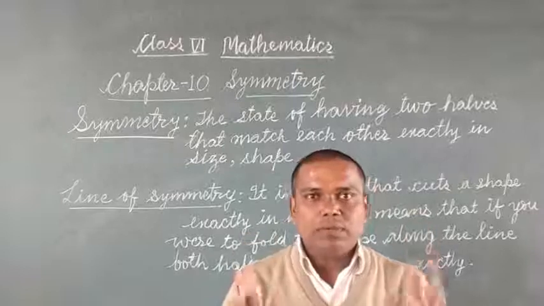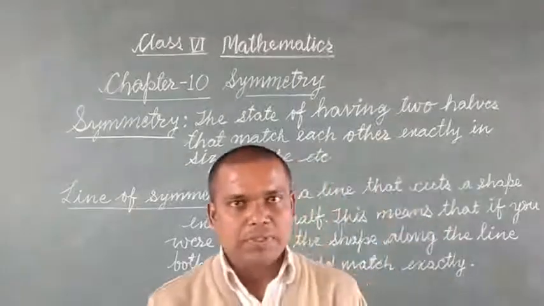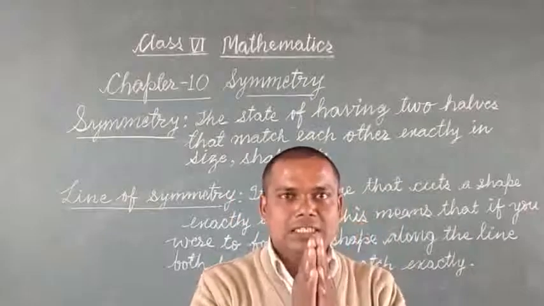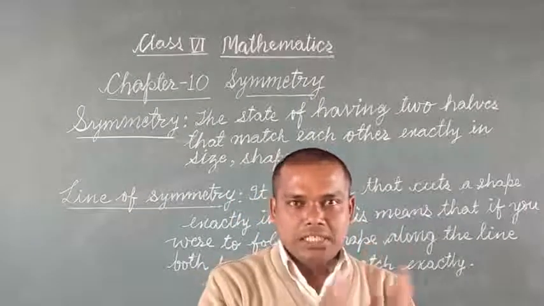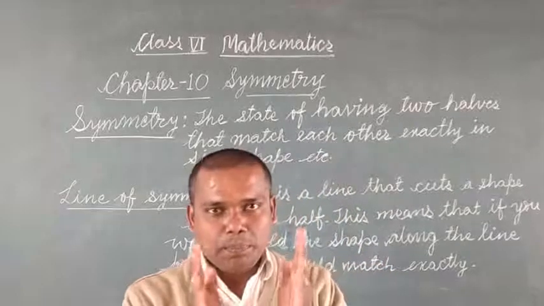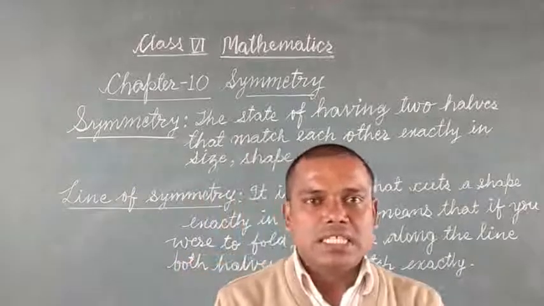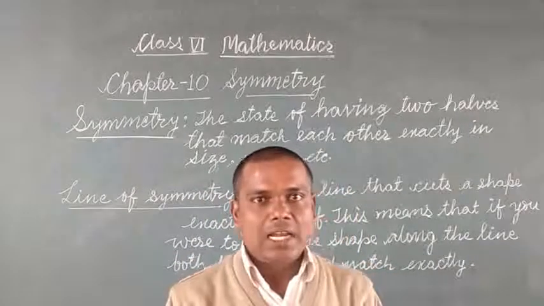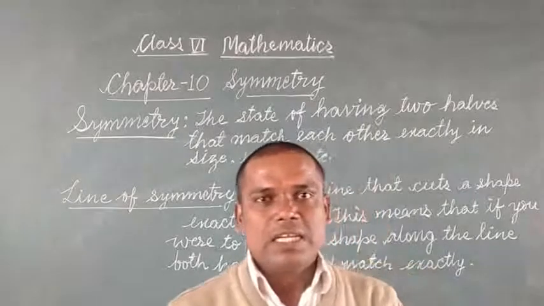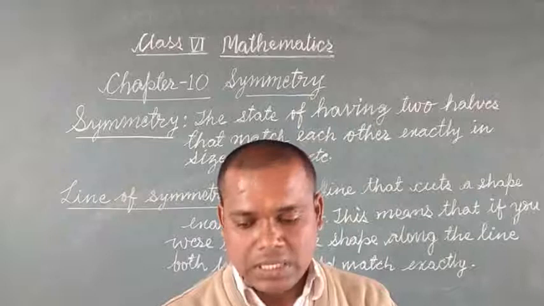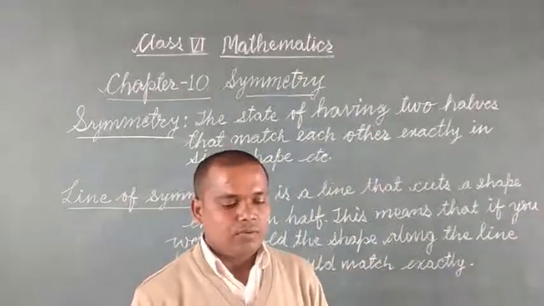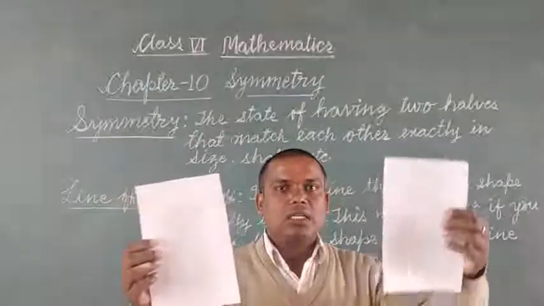Means if we have two halves of a paper and both match exactly in size and shape, then we say the two halves are symmetrical and the two papers are called symmetrical papers. See, I am showing with an example. I have one half this one, another half this one.